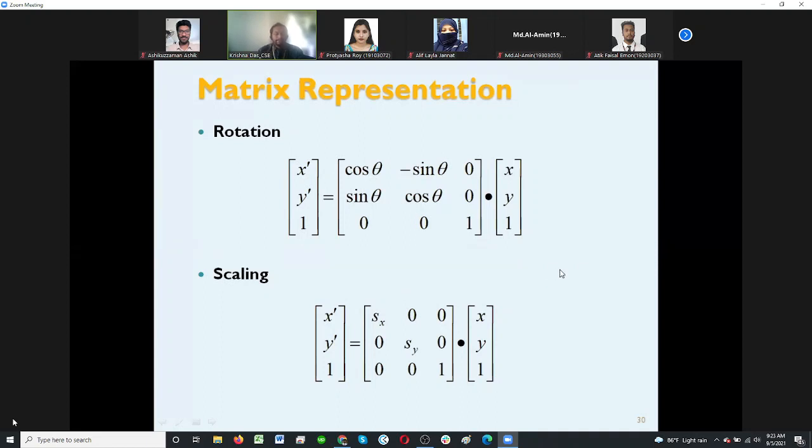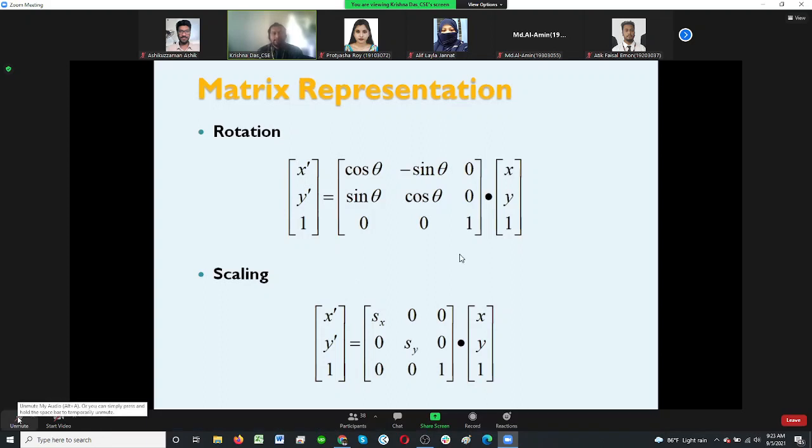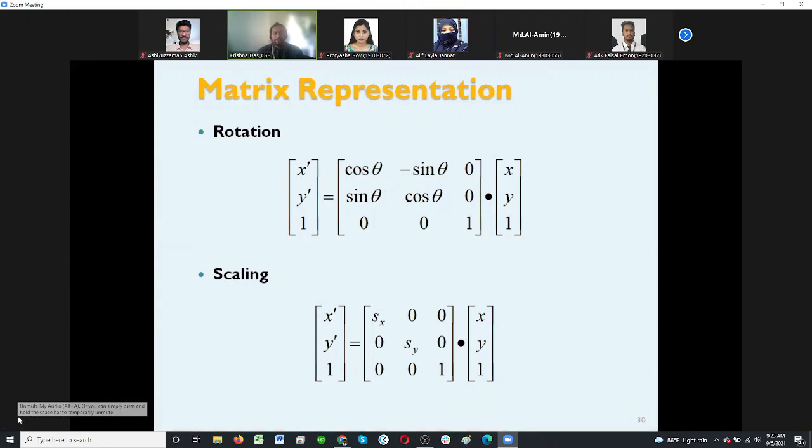Like in the example we discussed, you are watching the bus coming towards you. Every moment the bus is coming very close to you, the translation factor is changing. Simultaneously, the scaling is changing. The size of the bus is getting larger in your view, because this is part of the image.